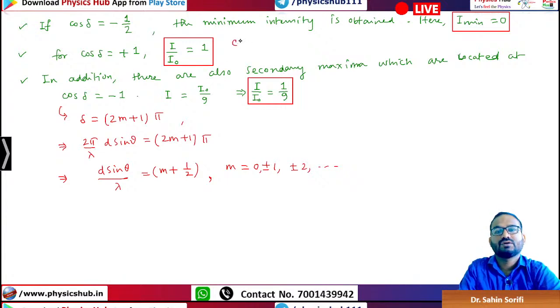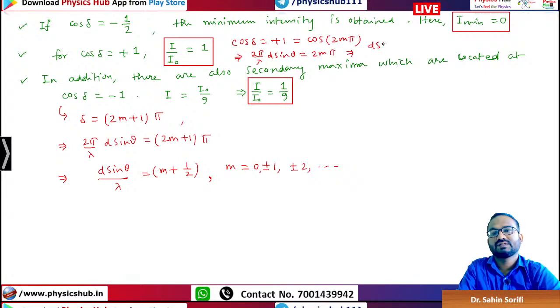If you implement cos delta equal to plus 1, so it is cos twice m pi, right? Now delta is equal to twice m pi. Delta means twice pi by lambda into d sin theta is equal to twice m pi. So from this we get d sin theta upon lambda equal to m, as 2 pi is cancelled. So wherever you get integer values, m is equal to 0, plus minus 1, plus minus 2, and so on.